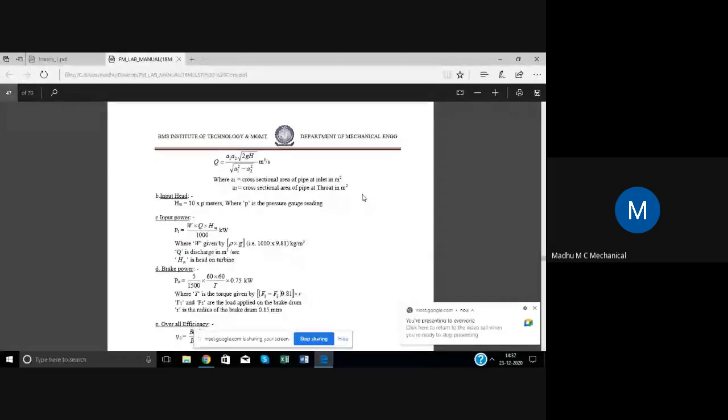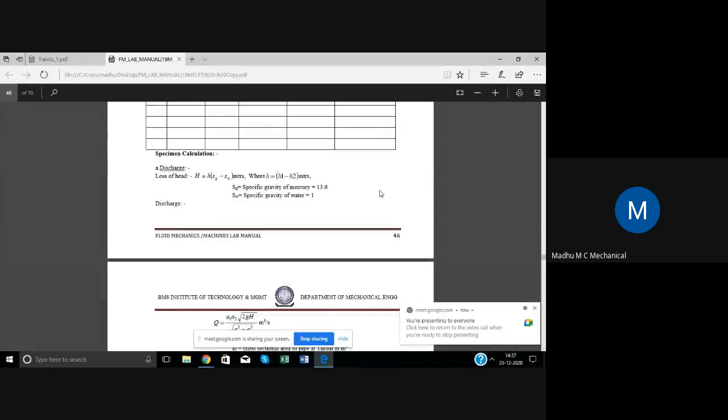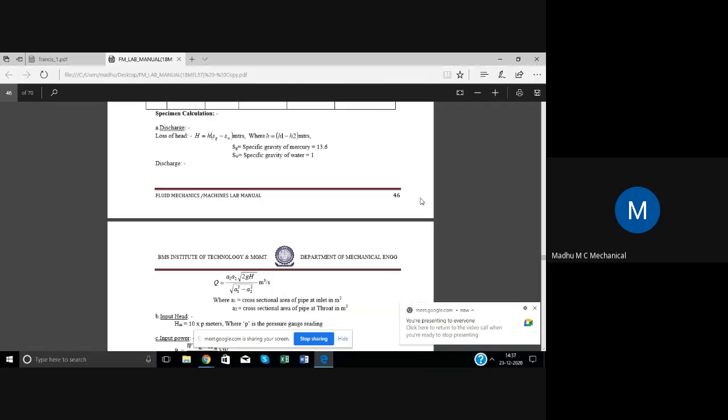Now that I have given you the readings, you will have to calculate the efficiency for the first set of readings for constant speed and constant head. I'll leave the calculation open like this. Do the calculation. You tell me, okay?